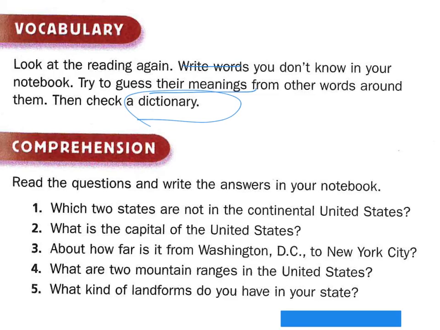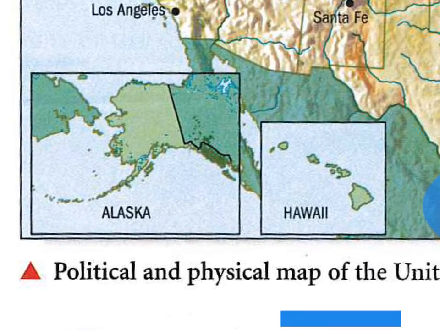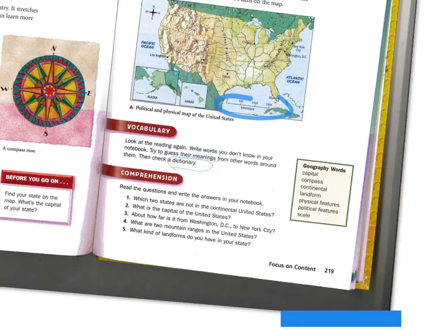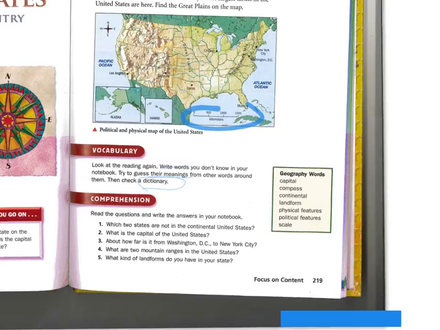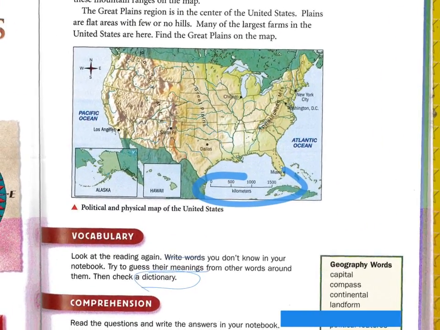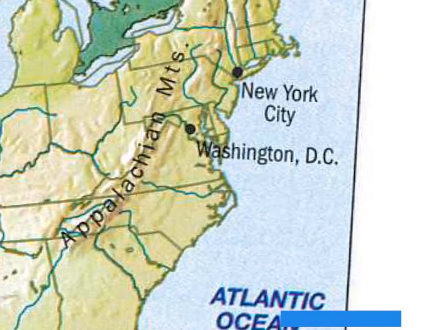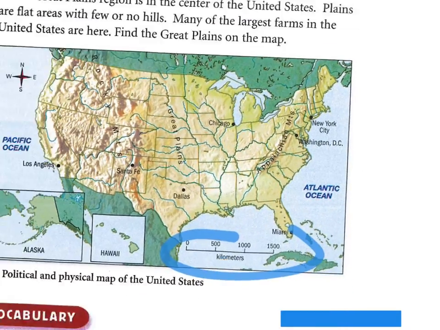The 2 states that are not in the continental United States are Alaska and Hawaii. What is the capital of the United States? Do you remember? Washington, D.C. is the capital of the United States.